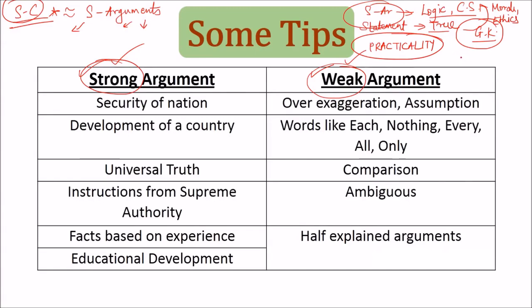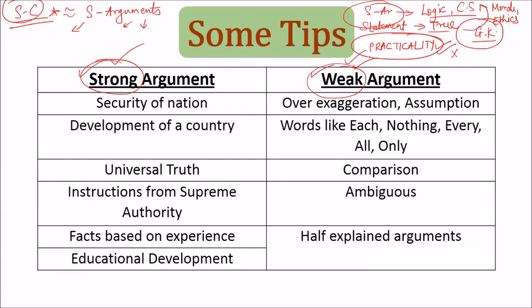An argument can be made that man should have wings and man should fly from US to Japan or Japan to US. It is not at all practical, right? It is an assumption or over exaggeration that makes the argument very weak. So to have a strong argument, you should take care of practicality. The argument must be very practical.